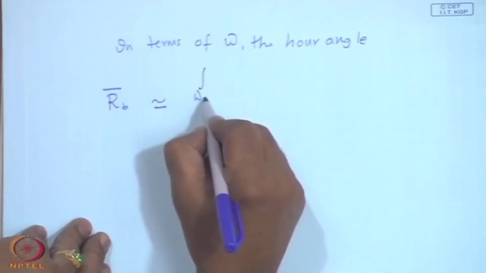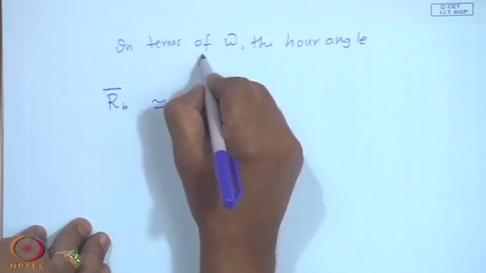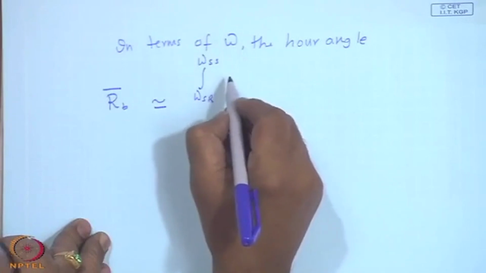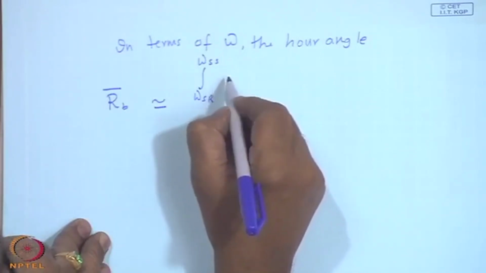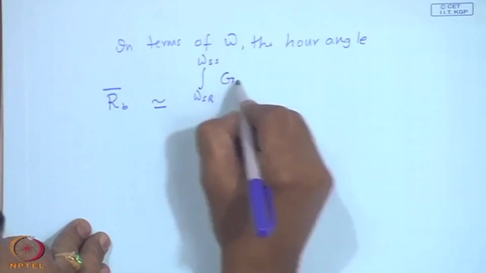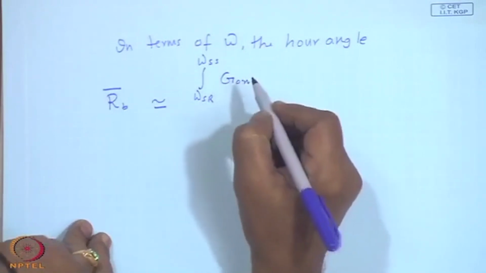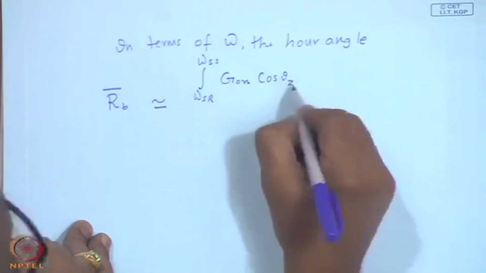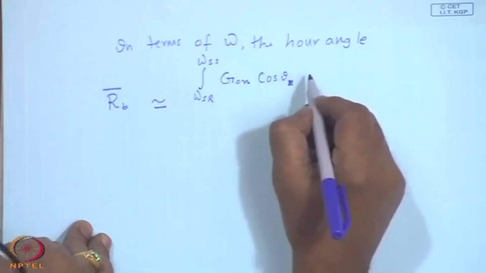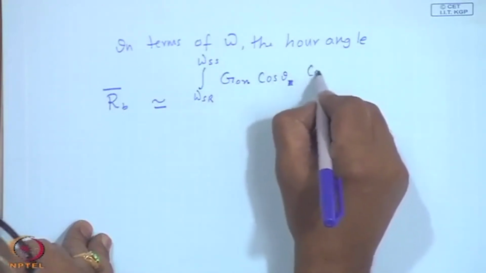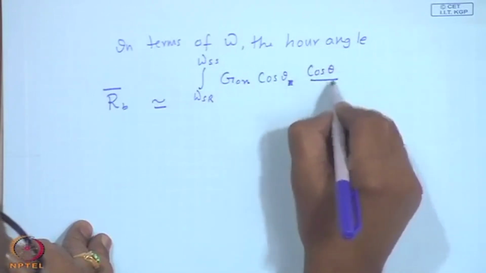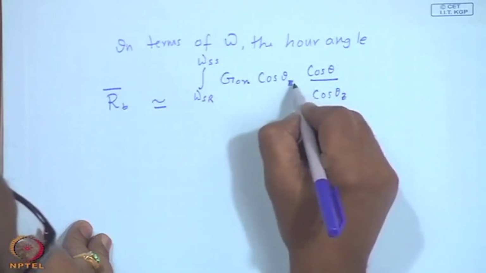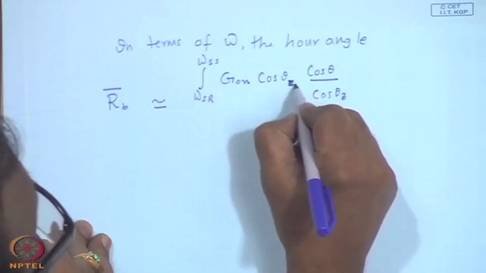So, I will now call it omega SR to omega SS, and this G0 will be cos theta times cos theta z prime.